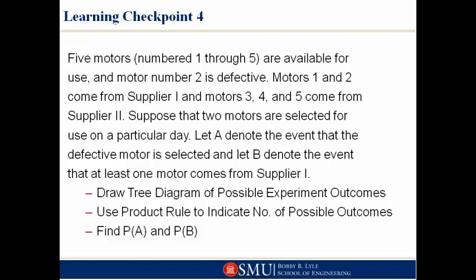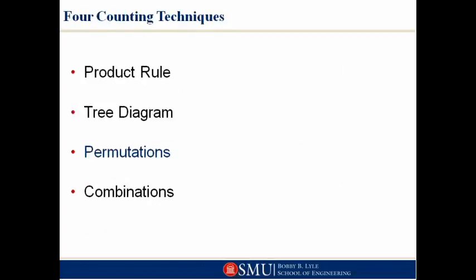Find the probability of A, the event defined as the defective motor is selected, and find the probability of B, the event that at least one of the motors comes from supplier 1. Okay, so that's a couple of different counting problems. How do you come up with how many different possible outcomes there are, or how many different possible outcomes are associated with a particular event?